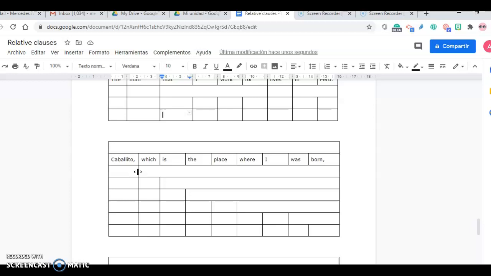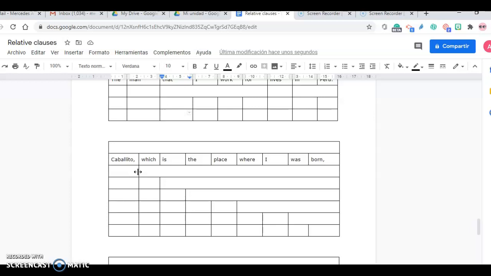Grammarians haven't come to an agreement as to what role non-defining relative clauses have in the sentence. So we're going to just write non-defining relative clause. Sometimes they were called apposition, which could be, but then they realized that appositions are another thing. So we're not going to call them anything.